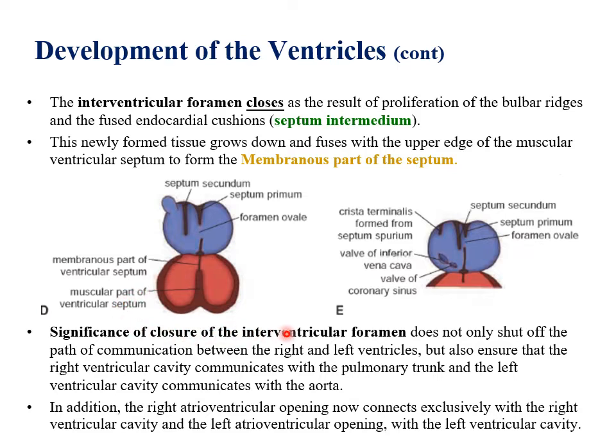Significance of closure of the interventricular foramen: this is very important because each ventricle will do its function alone and each ventricle will be connected to its own structure. The left ventricle will be connected to the aorta and the right ventricle will be connected to the pulmonary trunk, separate trunks. If this didn't happen, or there is a bigger opening, there will be congenital defects, which are expected to happen.